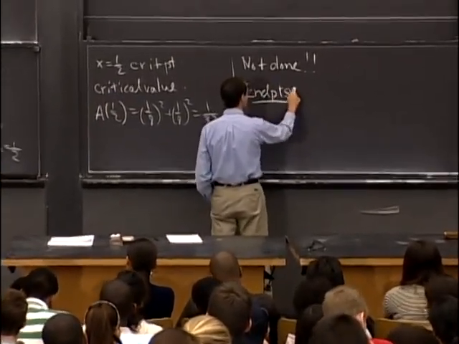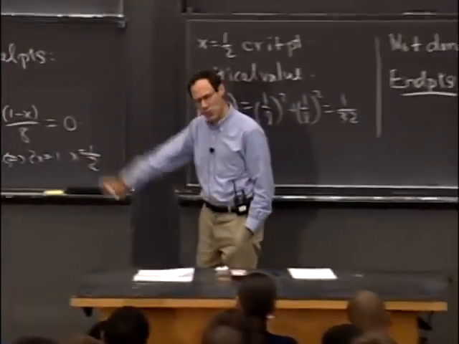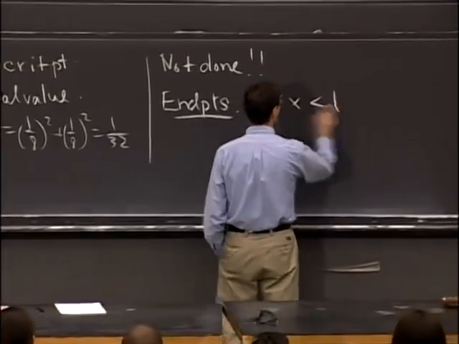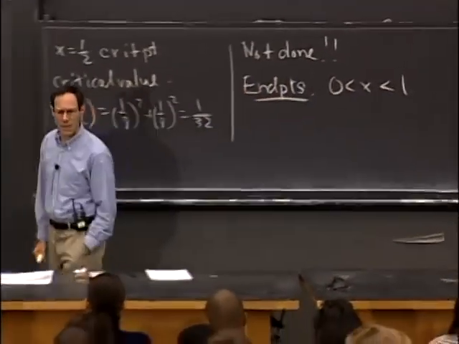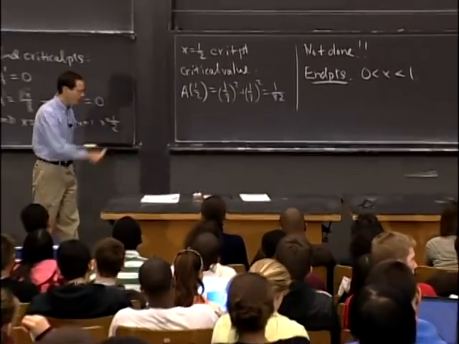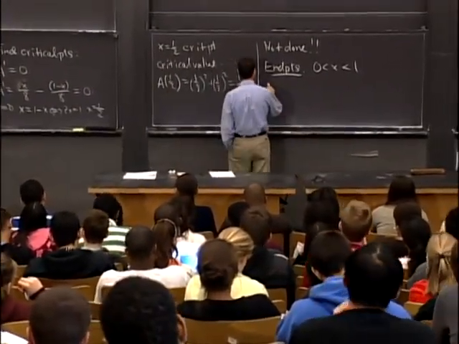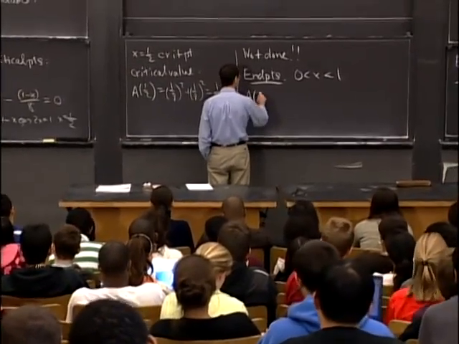Now, in this problem, the endpoints are really sort of excluded. The ends are between 0 and 1 here. That's the possible lengths of the cut. And so what we should really be doing is evaluating in the limit.